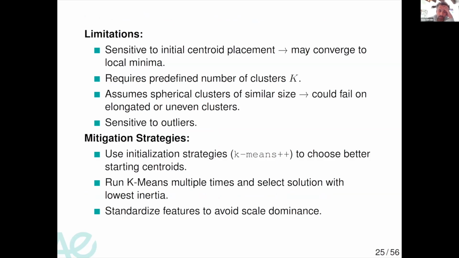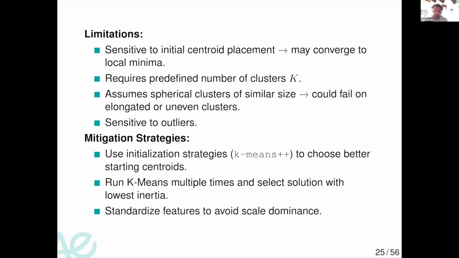For example, it's very sensitive to the initial centroid choice, but there are some methods to overcome that. As I said, it requires a predefined number of clusters k. It assumes spherical clusters of similar size.